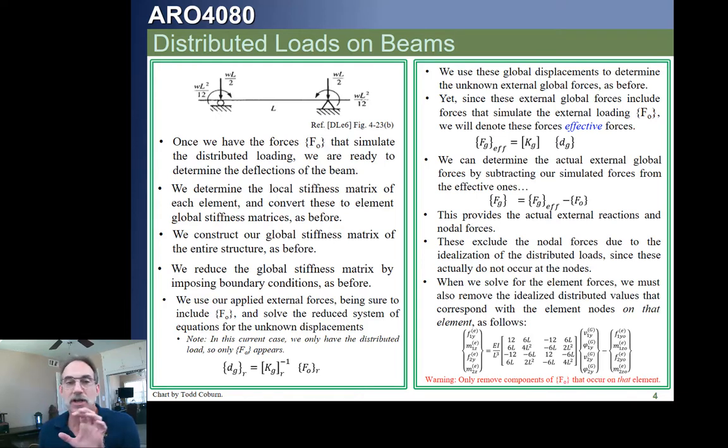But now, since those forces include those simulated forces, we're going to have to remove the simulated forces from that, because those are external applied loads, to get our actual internal loads in the beam. Okay? Now, once again, this little vector to the furthest right with a shear and a moment, these are those simulated forces. They're the parts of FO that apply to this particular element. Okay?